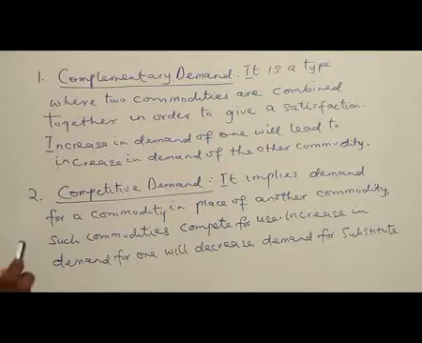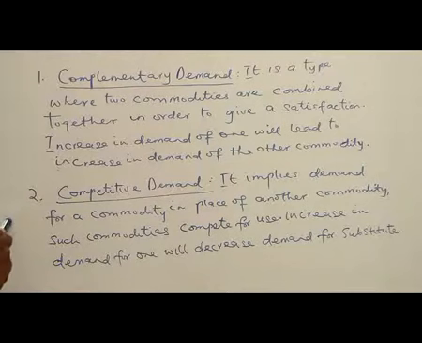Or a situation where we have 40-leaf exercise book and 60-leaf exercise book. If the demand for 40-leaf exercise book increases, then there will be a decrease in the demand for 60-leaf in the market. So because the two goods are competing for use.